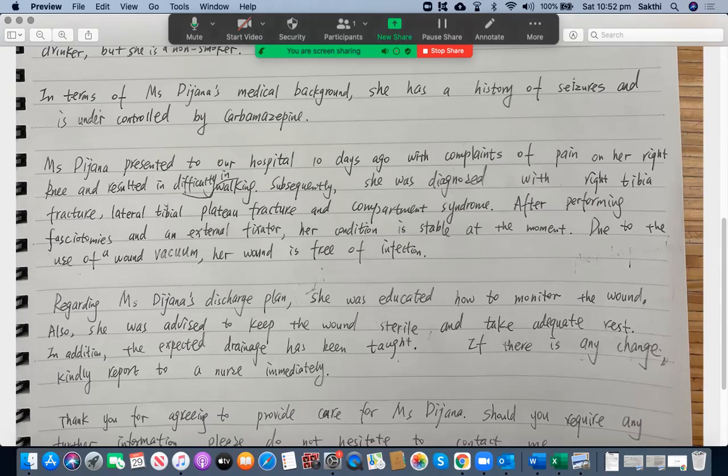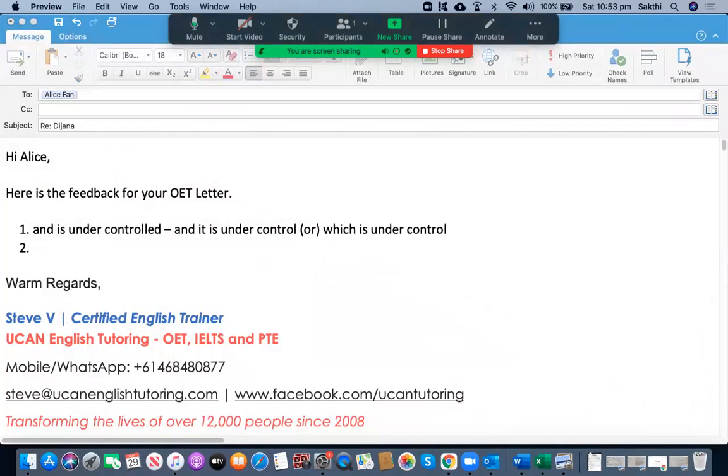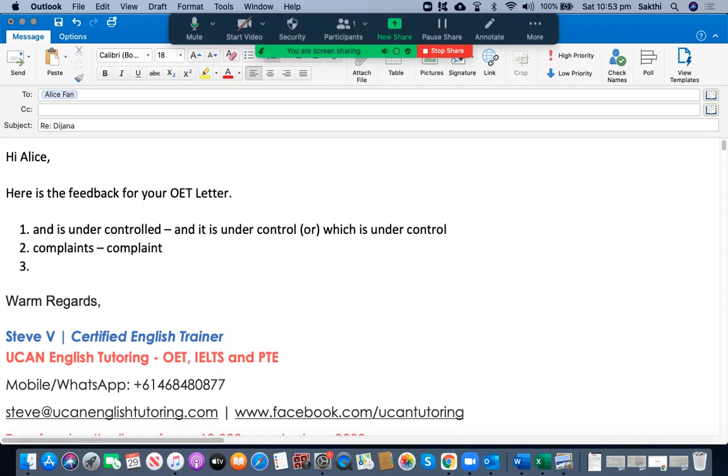All right. Miss Dijana presented to our hospital 10 days ago with complaints of pain on her right knee and resulted in difficulty in walking. No, that's wrong. It is only one complaint. So you should have mentioned only one complaint because it's just the pain only.